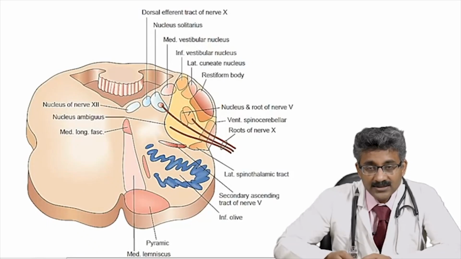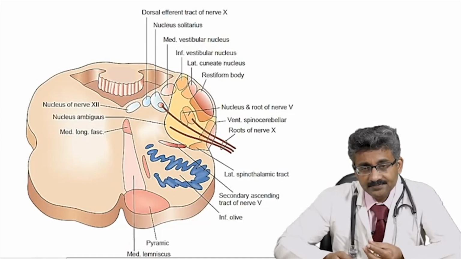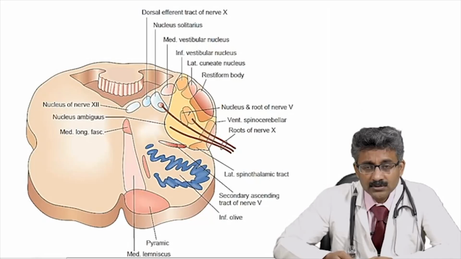That means they involve the lower cranial nerves in the brainstem. Even syringobulbia can produce progressive bulbar palsy. It extends to the brainstem. So I repeat, which are the diseases which produce progressive bulbar palsy? That is the lower cranial nerve affection of the brainstem.